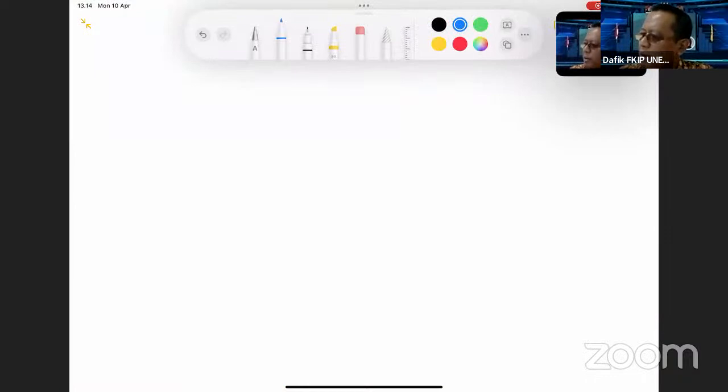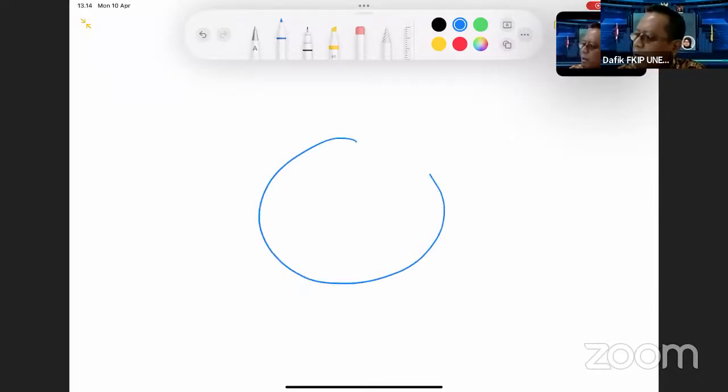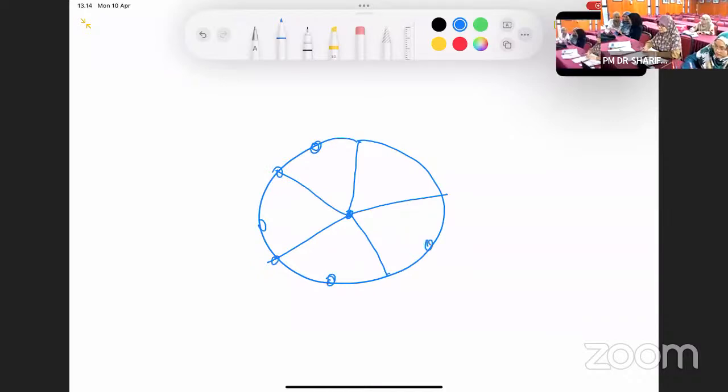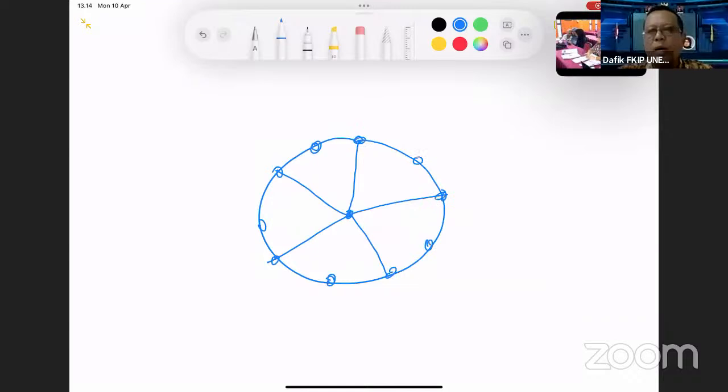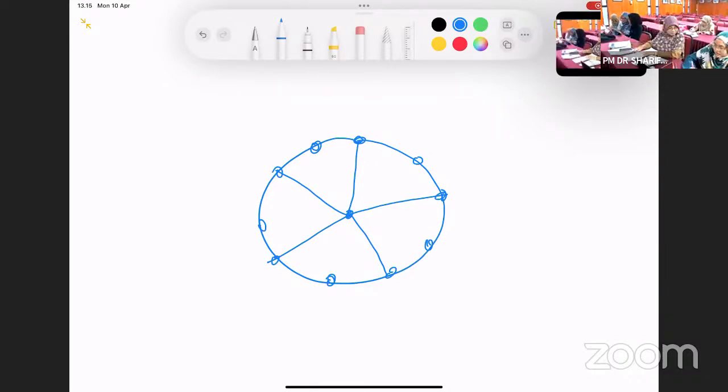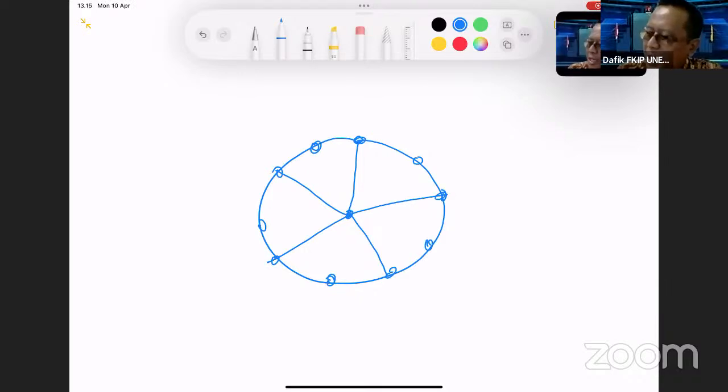Okay, this picture actually. Then we have the center, then we have this one. So this one is called the Jahangir graph. Please, you can see in the middle is the center.